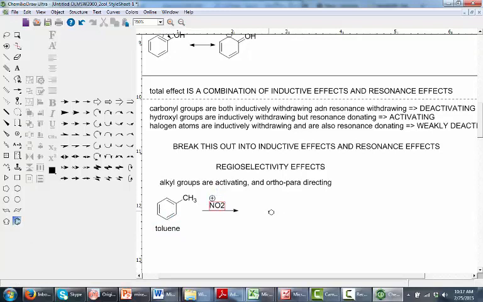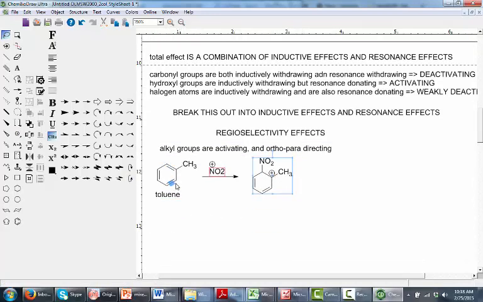So the first one is going to be, now if the nitro group adds ortho to the toluene, ortho to the methyl group, let's put that over here. If it adds ortho to the methyl group, so here's my methyl, I put the NO2 over here, that results in a positive charge on the carbon that has the methyl group. Again, so I put the nitro group on this carbon, I now have a positive charge over here.